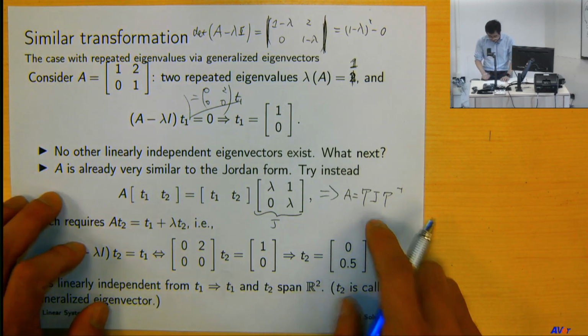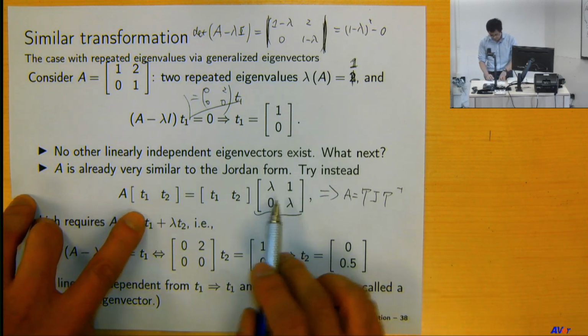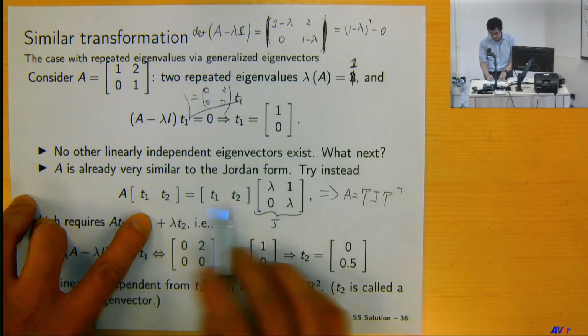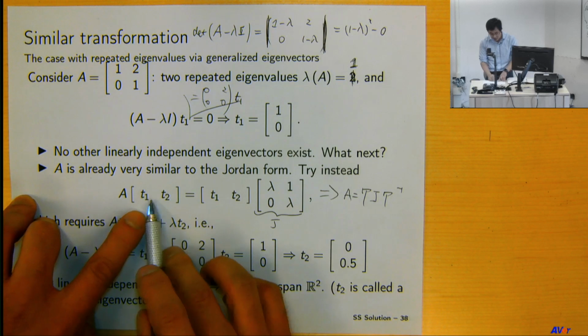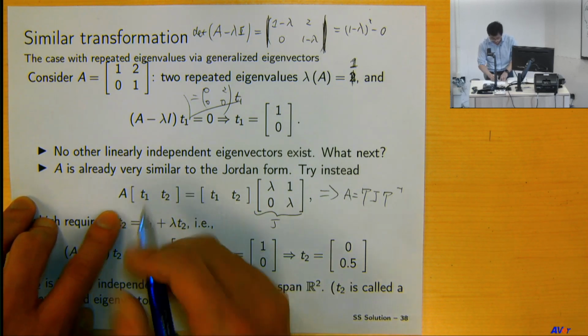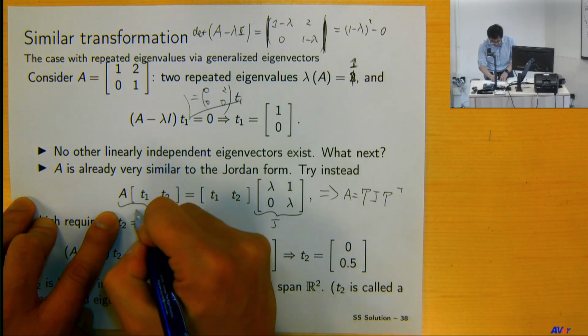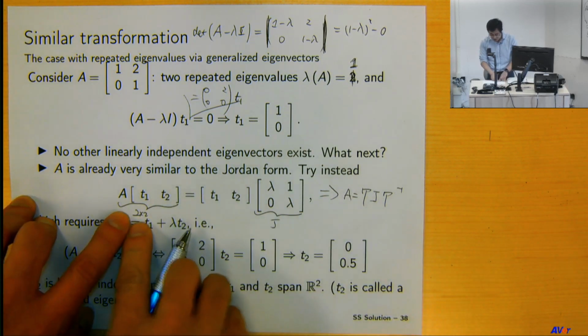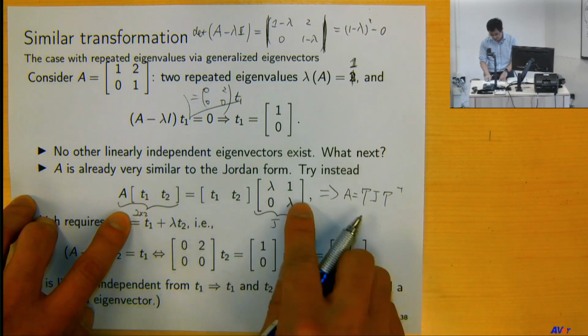Let's say what it means for this formula to happen. It means the columns, so this is A times the matrix, a 2 by 2 matrix. It has 2 columns. Each of the columns must be equal to the columns of the right-hand side matrix.